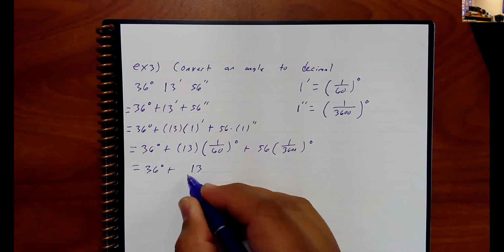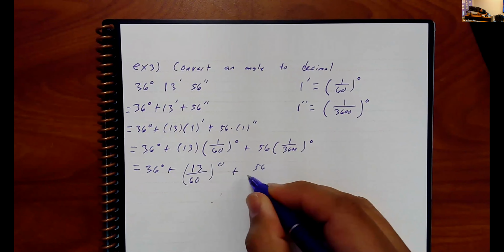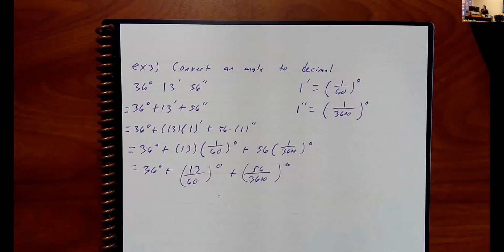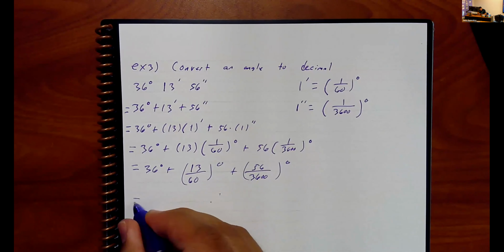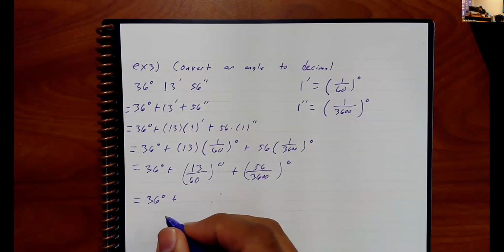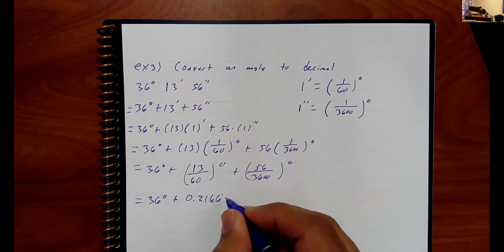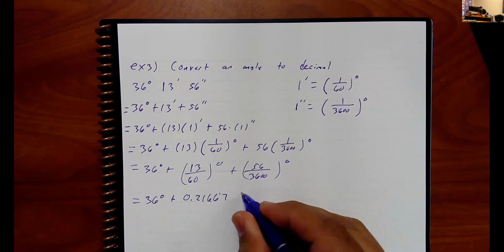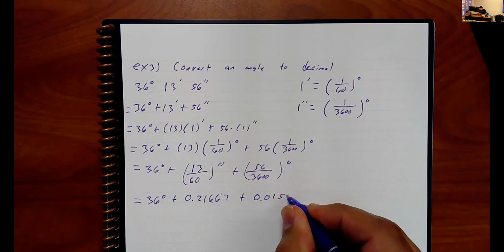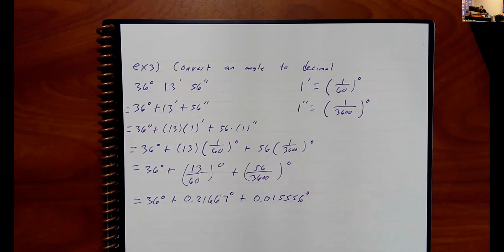13 divided by 60, what is that? I don't know. 56 divided by 3600. Now we're all in degrees pretty much. So this gets us to 36 degrees plus 0.21667, I guess, plus 0.015556 degrees.